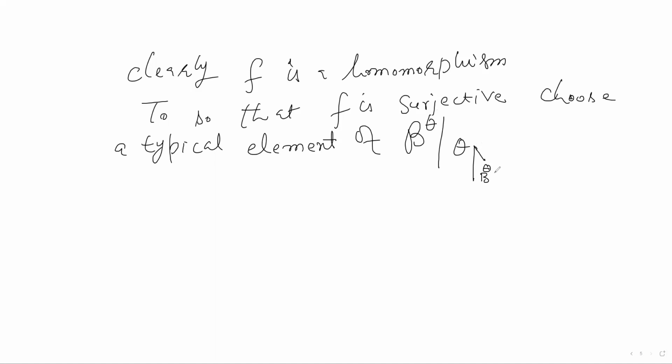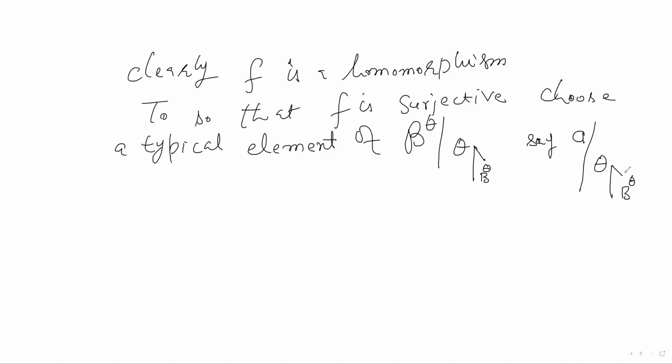Now what is the typical element of this? Say a typical element of this algebra is a class A over theta restricted on B theta.